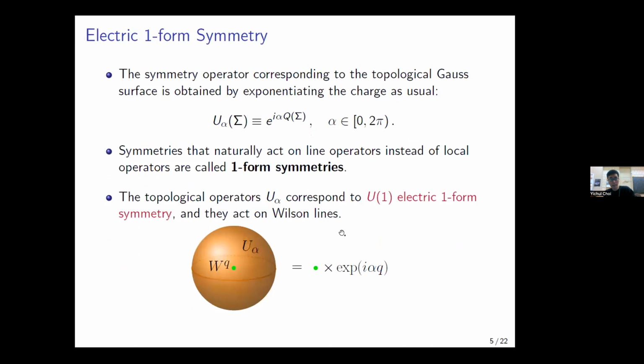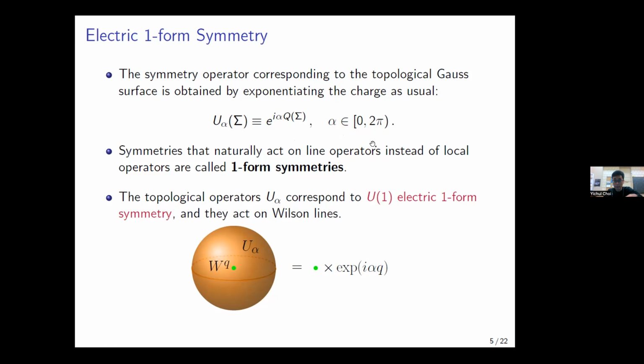So in the previous EM example, we had this topological surface operator Q of sigma, which should correspond to a certain symmetry of EM. To be more precise, I will obtain the symmetry operator U sub alpha by exponentiating this charge as usual. This alpha is the U(1) group parameter.